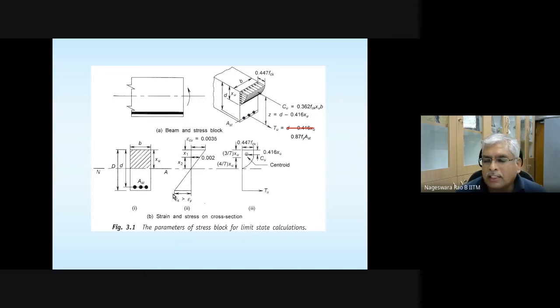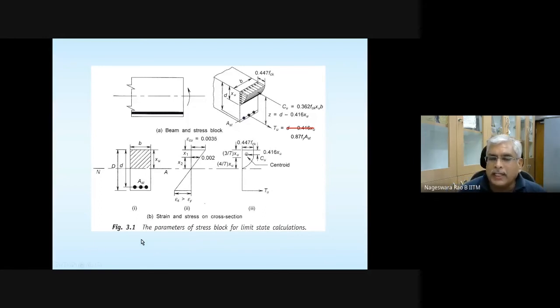So let's assume exactly strain in steel is 0.87 Fy divided by Es plus 0.002. It shall not be less than, but it can be more.